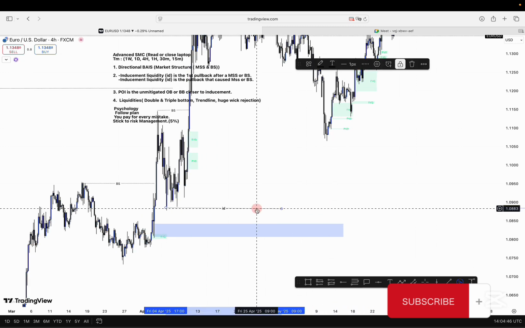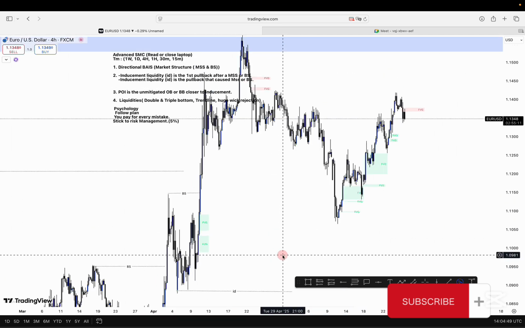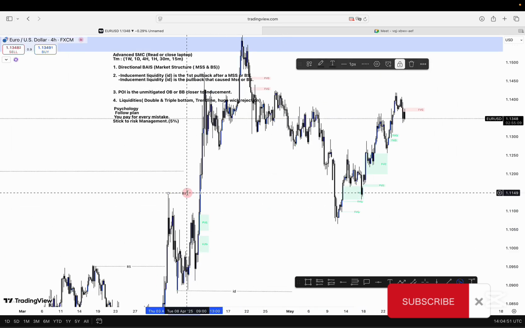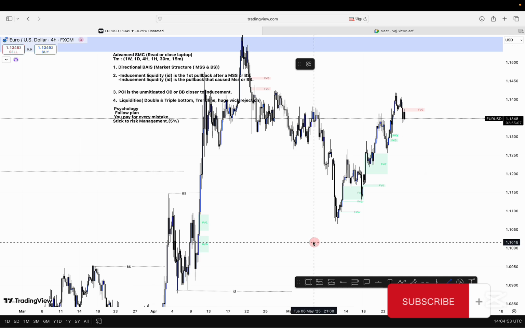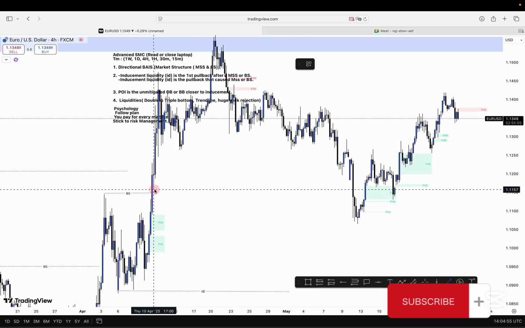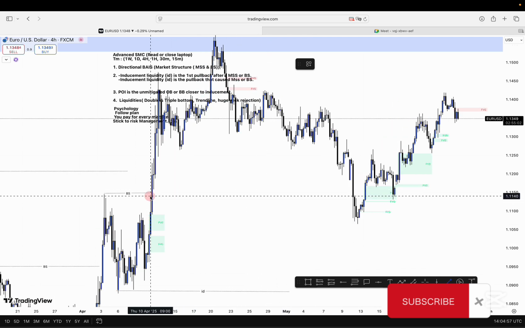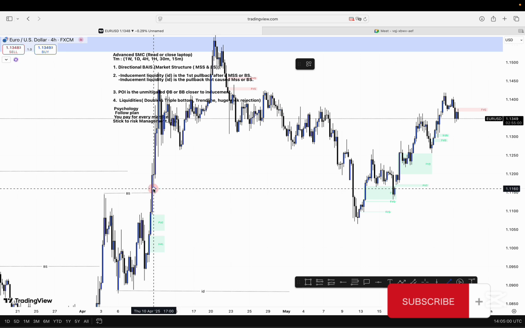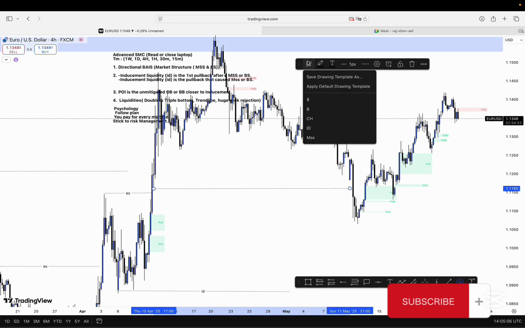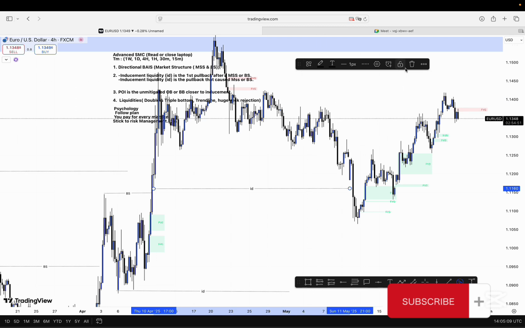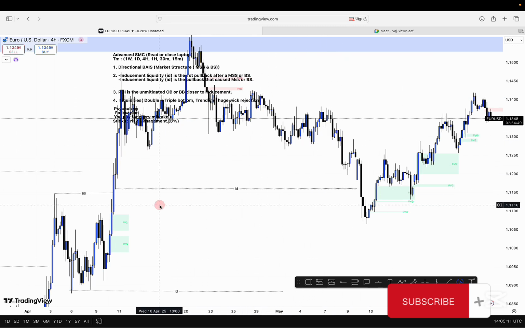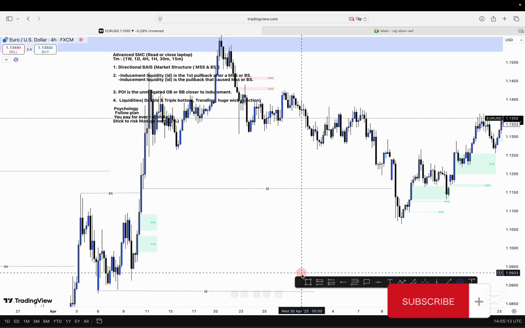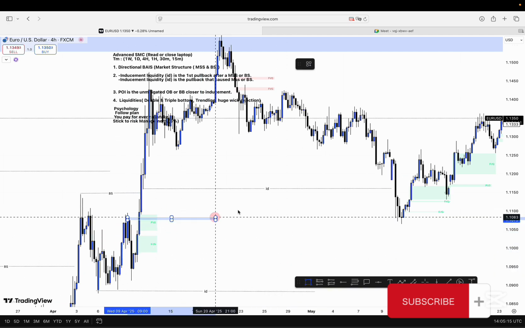So we have first our inducement here, and we still have a break of structure here. And this break of structure, the inducement it gave after the first pullback was this guy. If I go to the lower time frame, you see it's an inducement. Then it made use of this breaker block here to buy.